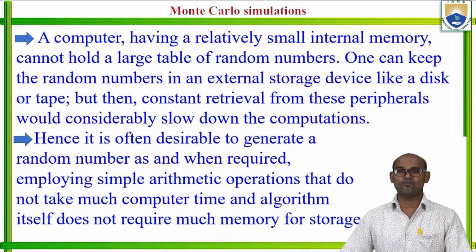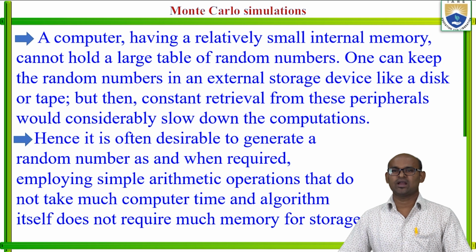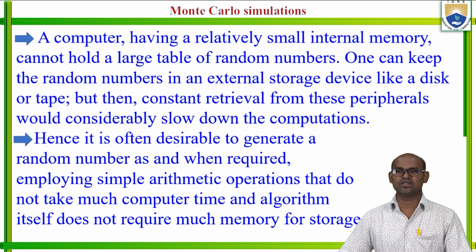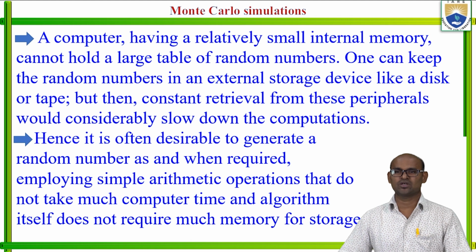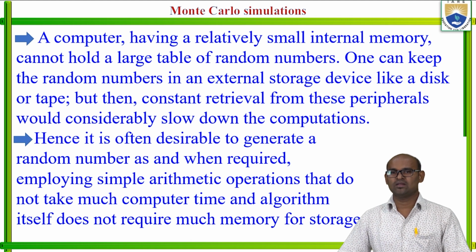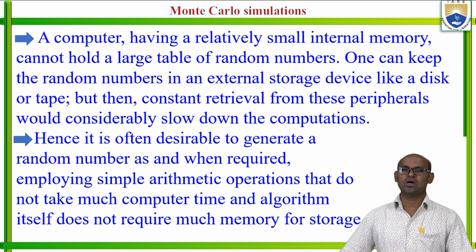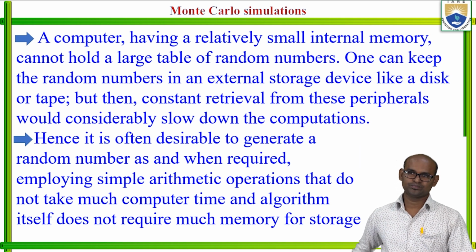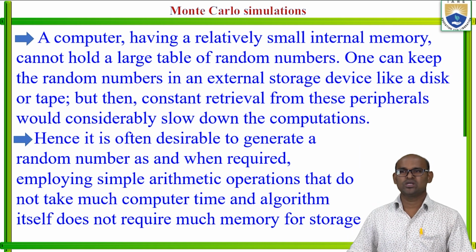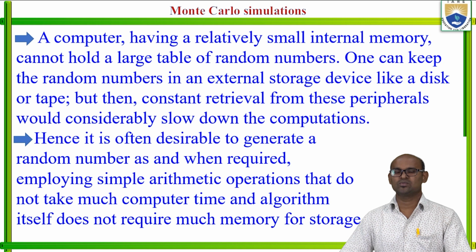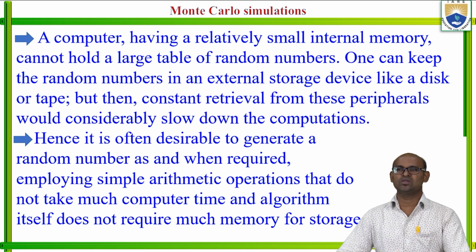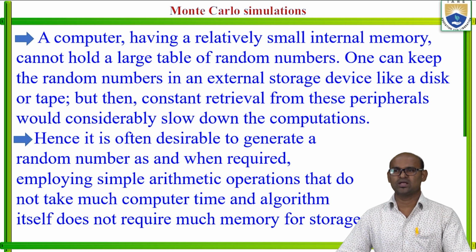Hence it is often desirable to generate random numbers as and when required, employing simple arithmetic operations that do not take much computer time, and the algorithm itself does not require much memory for storage. The computer simulation is going to slow down if we retrieve the random numbers stored on a disk of a computer.